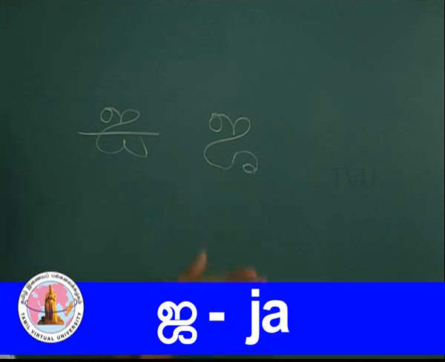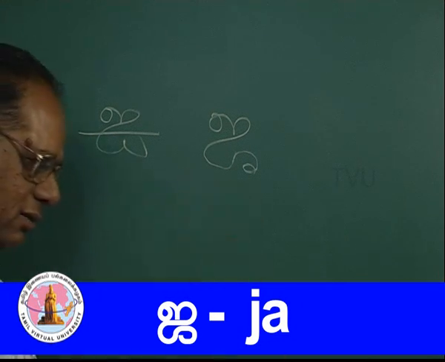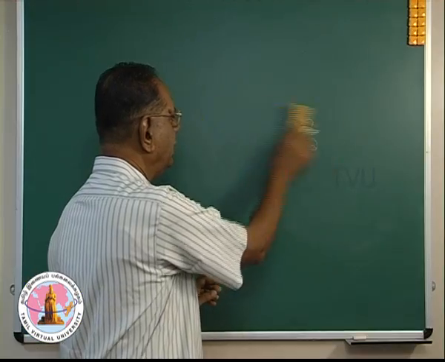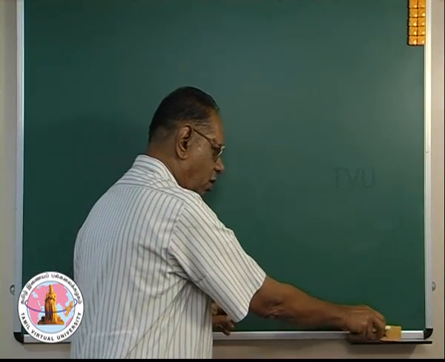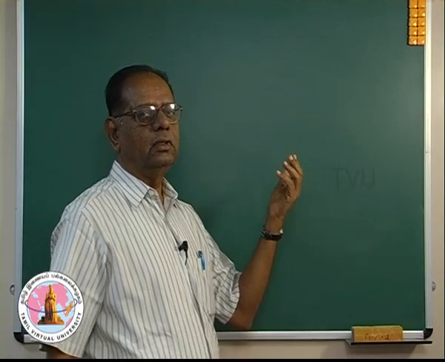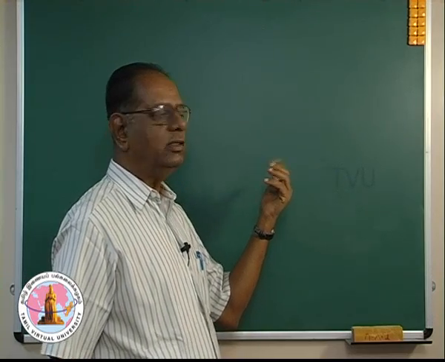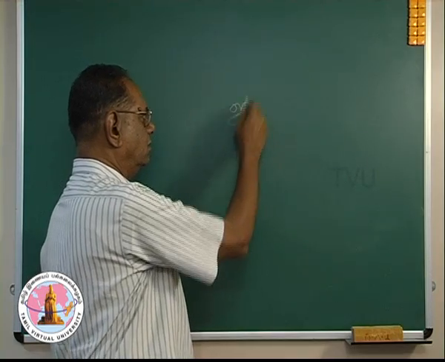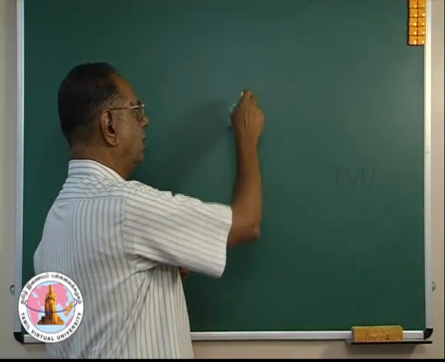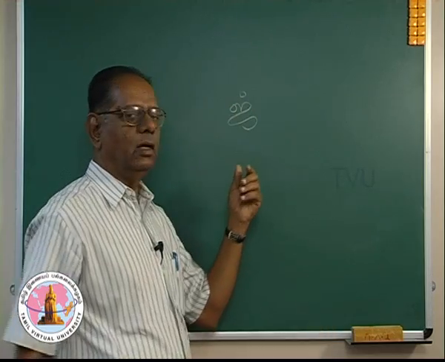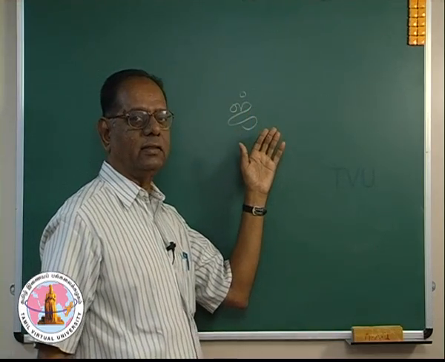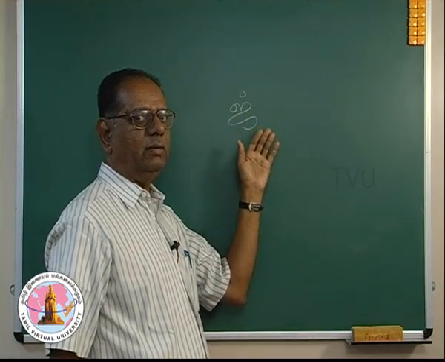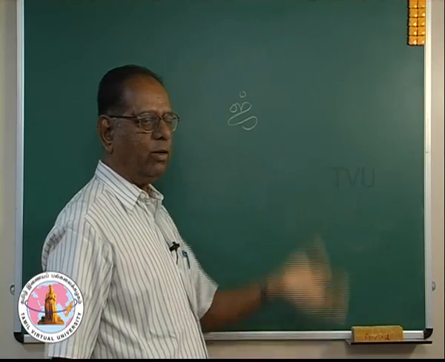All these things we saw in the last class, and we did have the combination of the vowels with these letters. That is to say, this is ja with a dot above. You know, the dot is an important element in Tamil language.